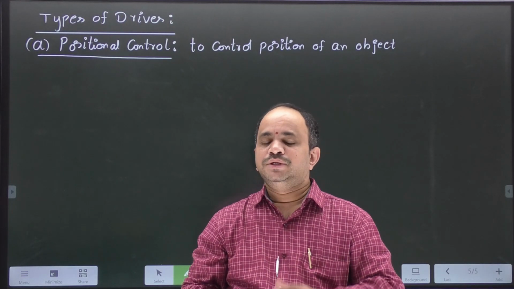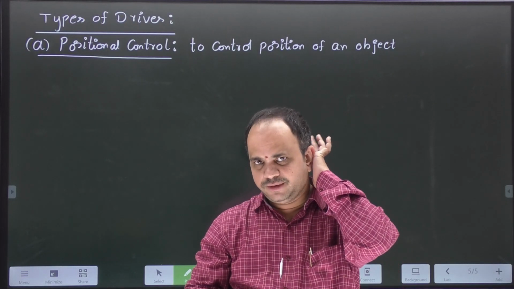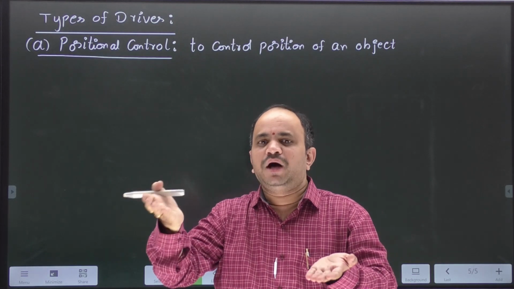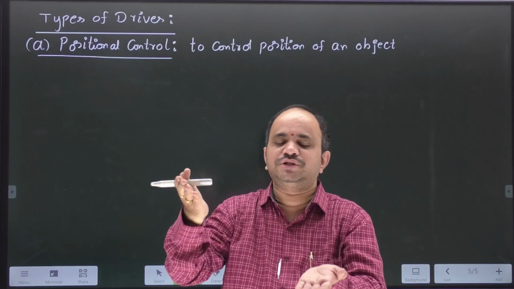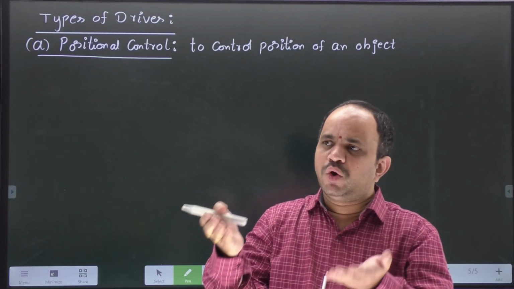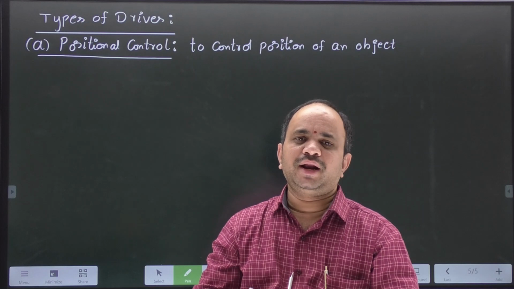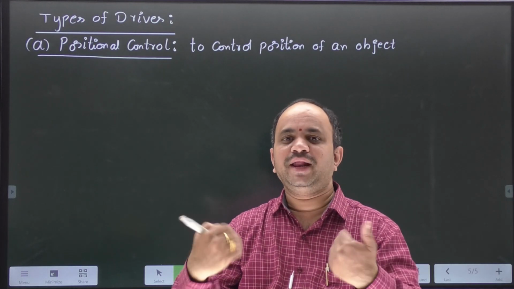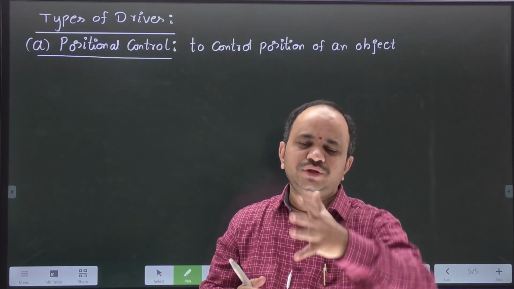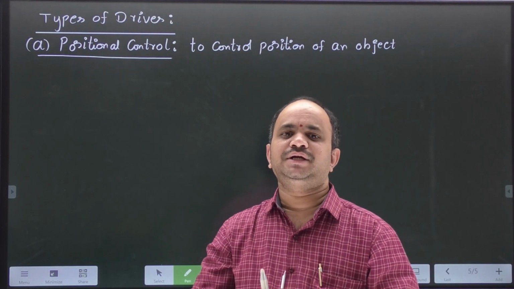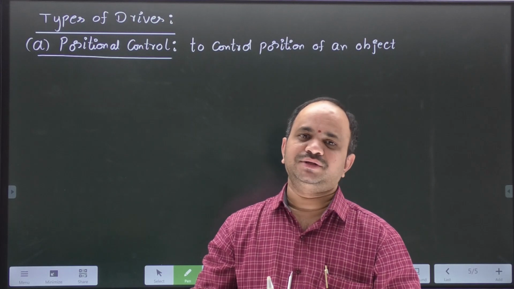If you somehow adjust the angle, in other words the position, of the solar panel, it will always face the solar rays, and therefore it can extract the maximum amount of power.